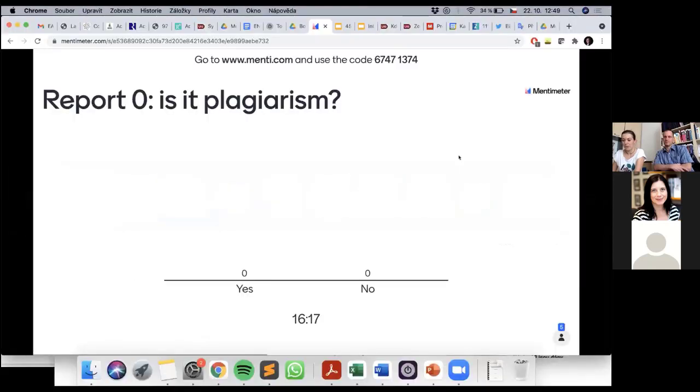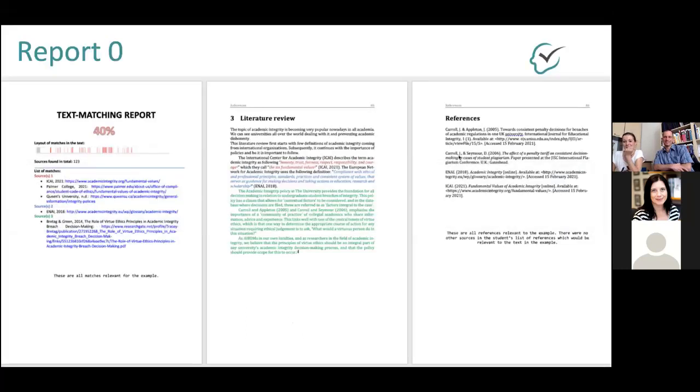So we have 5 answers. I don't want to wait the 16 minutes for the answers, so we will give you 2 more minutes to think about it, and then we will check the result. Maybe we can post again the code for the Mentimeter if somebody joined later.